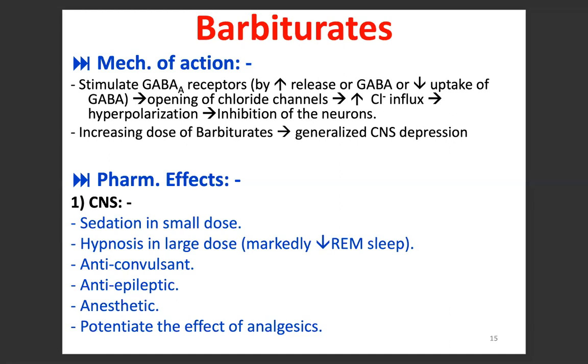Stimulation of the gamma aminobutyric acid GABA receptor, which is a generally inhibitory neurotransmitter, is responsible for the increase in the chloride influx, and this chloride ion is responsible for the hyperpolarization and inhibition of the neuron and sedates the patients.